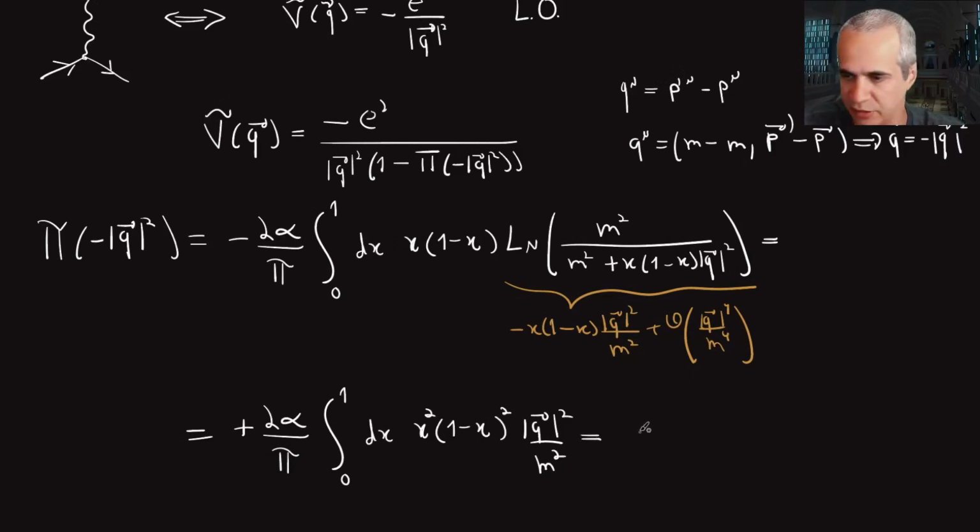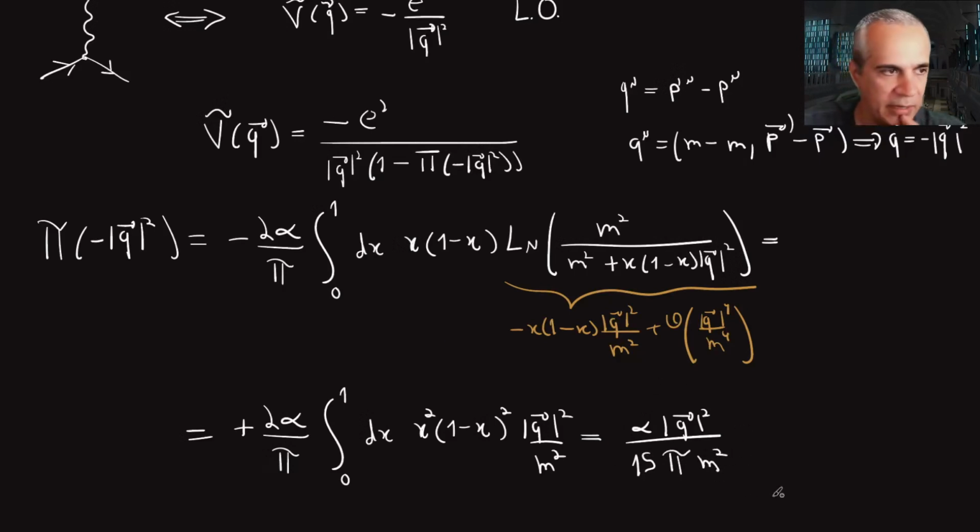This will be just alpha Q square over 15. The integral will just give me 1 over 30. And then there's a cancellation of that 2. You get that 15 here by m squared. Right? That's a very simple expression actually in this approximation.